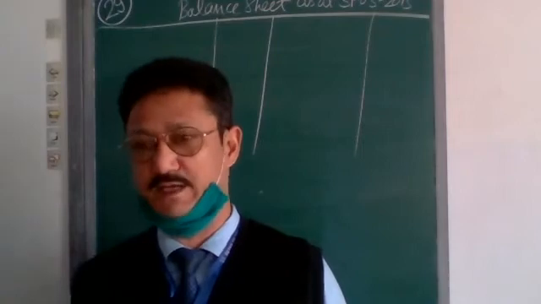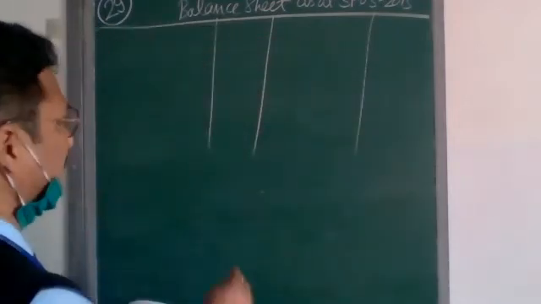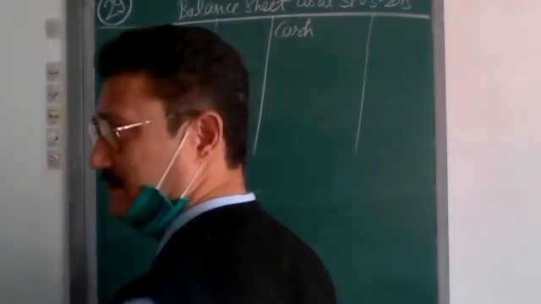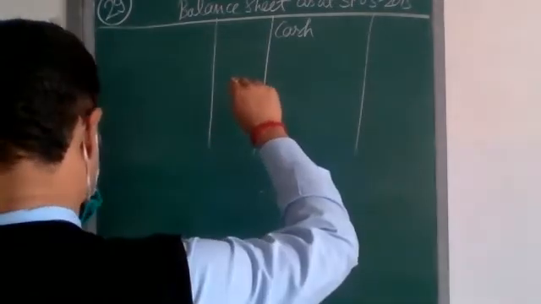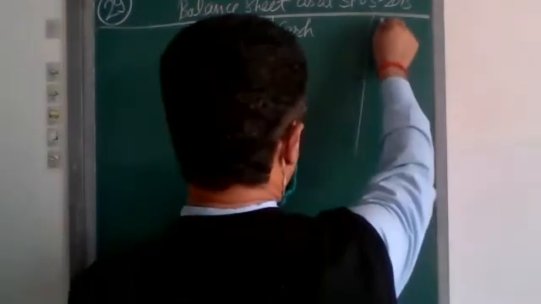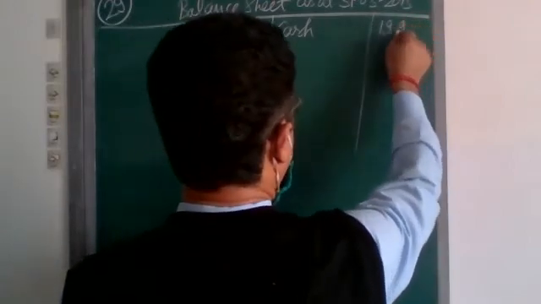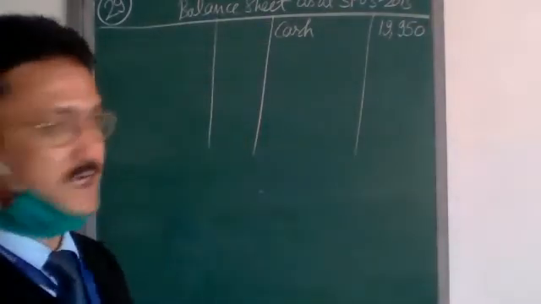The first item to be written from the receipt and payment account is cash. Balance of cash, how much? 19,950. Then the outstanding subscription.